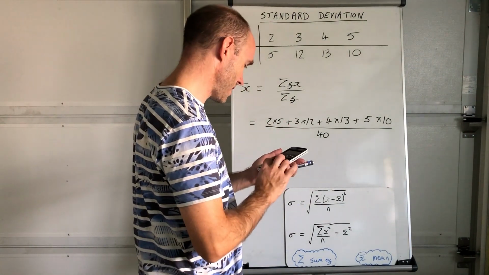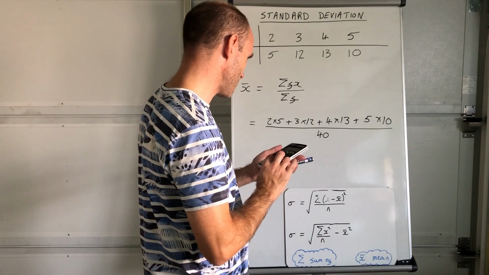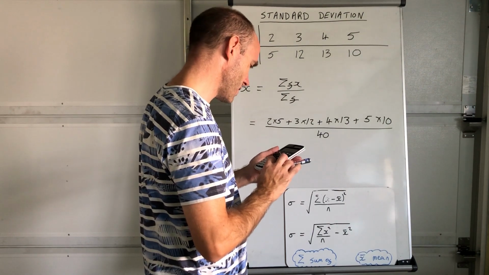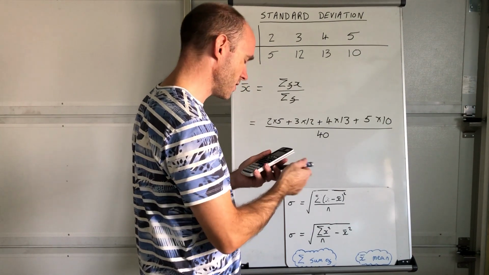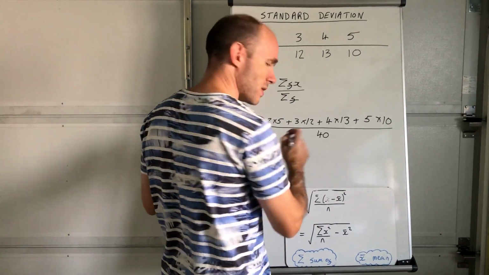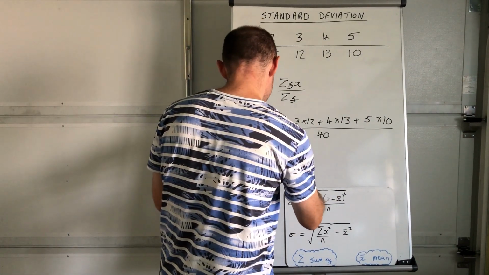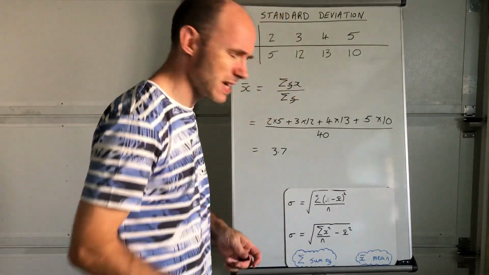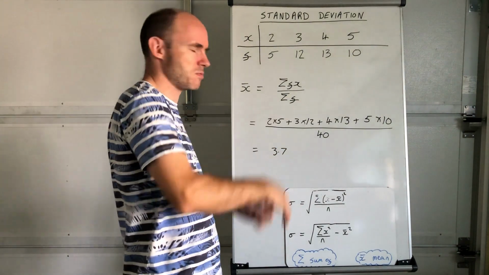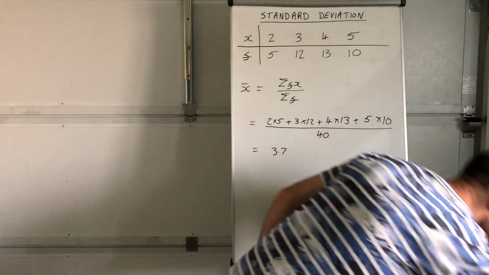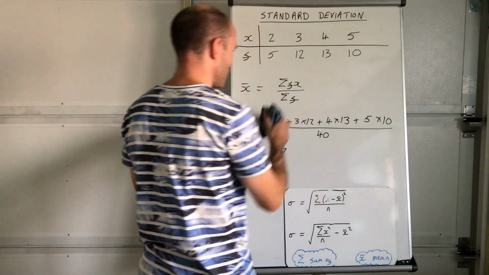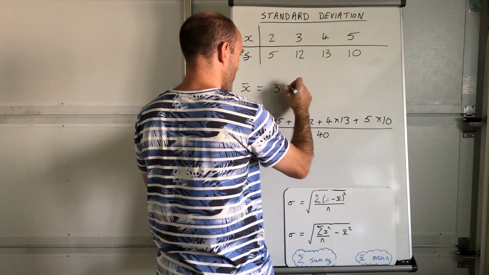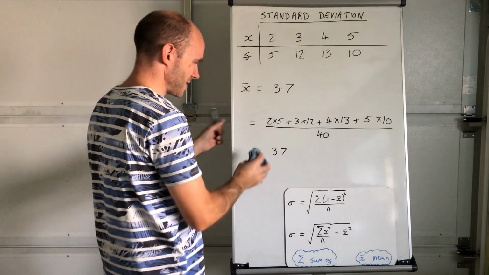So we're going to have 10 plus 36 plus 52 plus 50, all divided by 40, and that gives me 37 over 10. 3.7 if you want, because I know some of you prefer decimals, I don't. But it is statistics, sometimes it's more appropriate to write it as a decimal. So it's 3.7. I'm going to write it up here so we don't forget, because obviously we've got to use that for the standard deviation, which is coming up next.